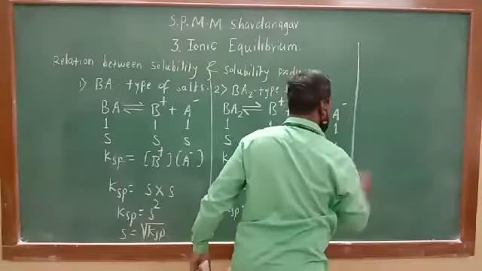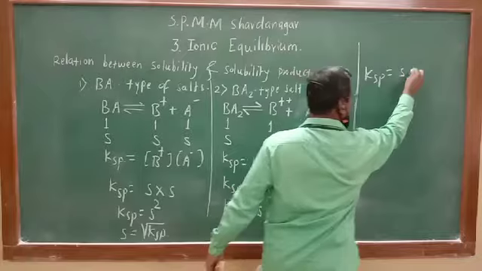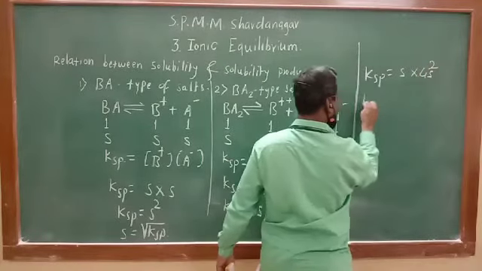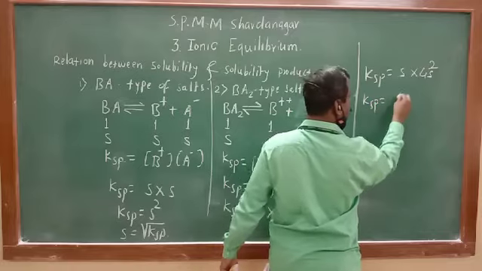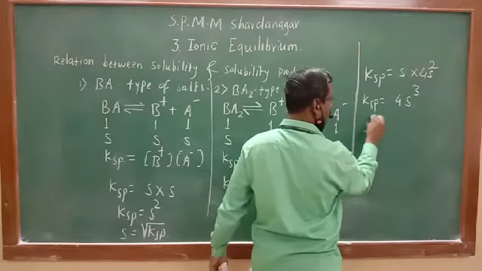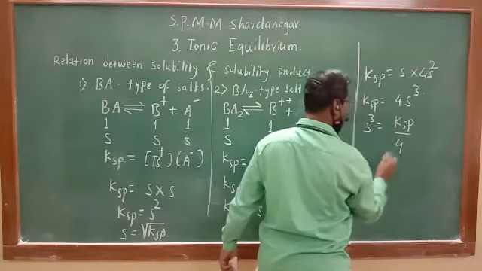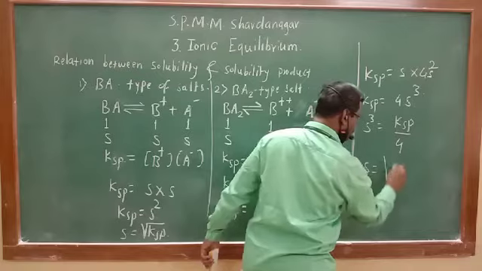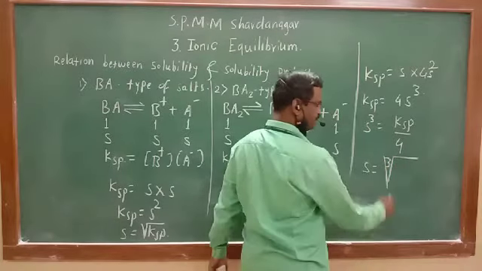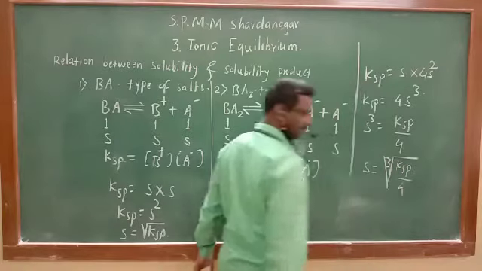So what is the final equation now? Ksp for this type of salt will be equal to S into 4S square, or Ksp will be equal to 4S raised to 3. Therefore S raised to 3 is equal to Ksp upon 4, and S will be equal to cube root, not square root. This is cube root of Ksp upon 4.